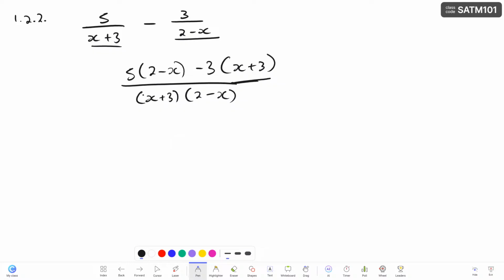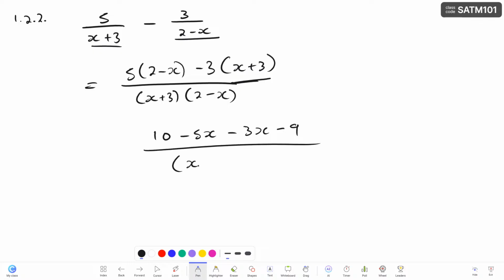Now we can try to simplify. 5 times 2 is 10. 5 times negative x is negative 5x. Then negative 3 times x is negative 3x. Negative 3 times positive 3 is negative 9.